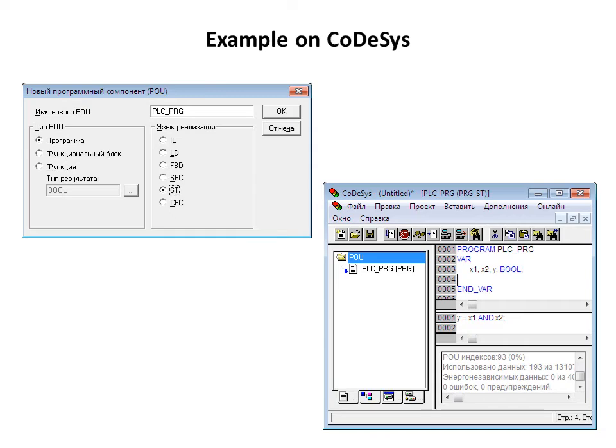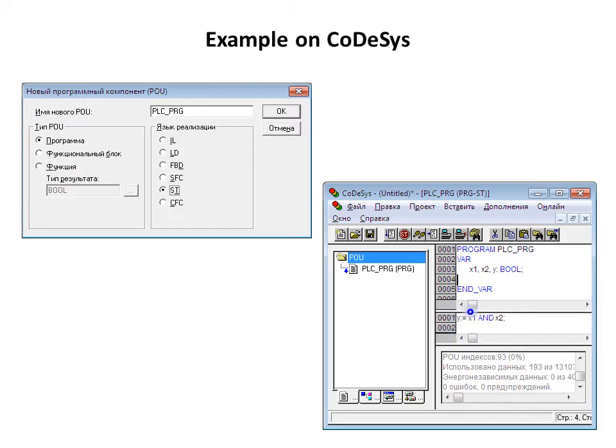So after that we have the program in the ST language. Variables are declared as usual in this part of our window. And the program text itself is written in the field below.